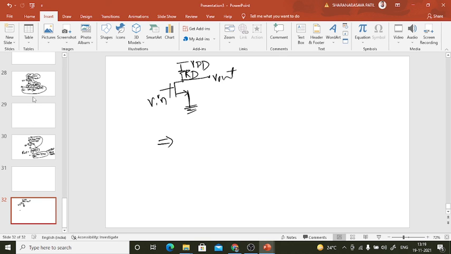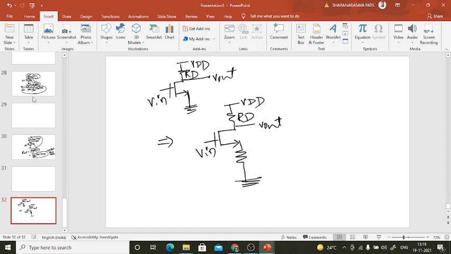In my next video I will explain how to find voltage gain and output resistance for common source configuration with source resistance. We'll find AV and output resistance for this configuration, and we'll solve a few more problems on these, and after that I will go to common gate and source follower configurations as well.